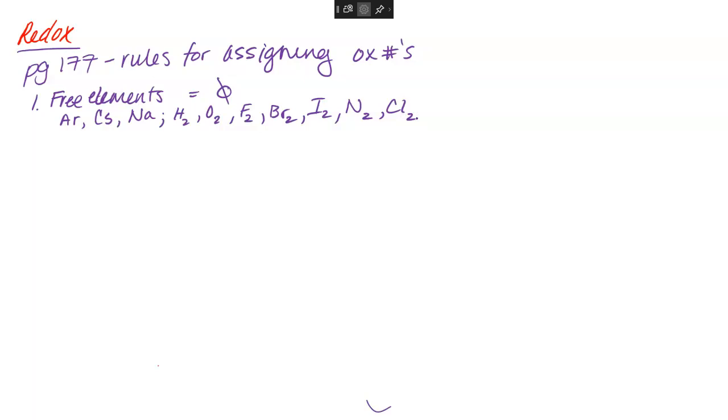If it exists by itself, usually it's also bonding with itself. It's in its elemental state. It is going to have an oxidation number of 0.